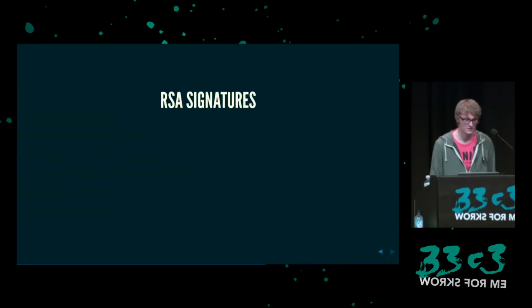So let's look at how RSA is done on 3DS. For the 3DS firmware, they're using RSA signatures in the PKCS standard. PKCS is basically a bunch of standards that tell you how your signatures have to look. They are using the 2048-bit version of RSA, which is safe.